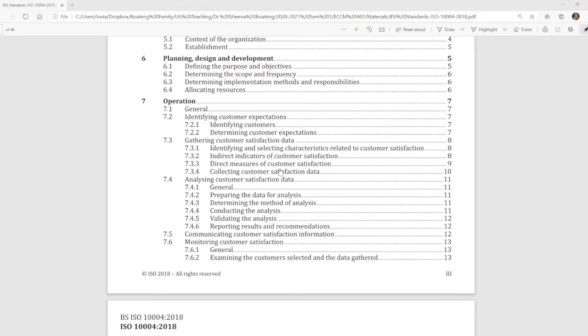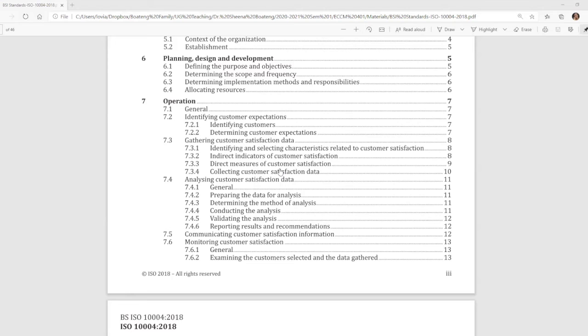Okay. So SPSS is a data analysis software, right? SPSS stands for Statistical Package for the Social Sciences.